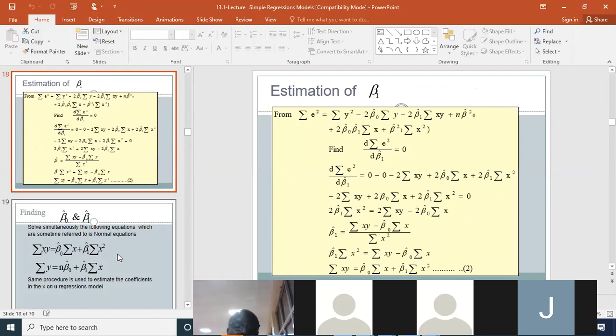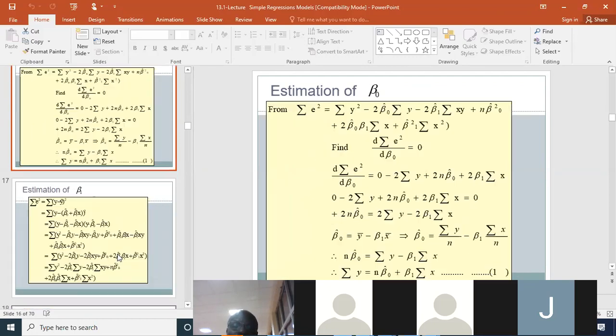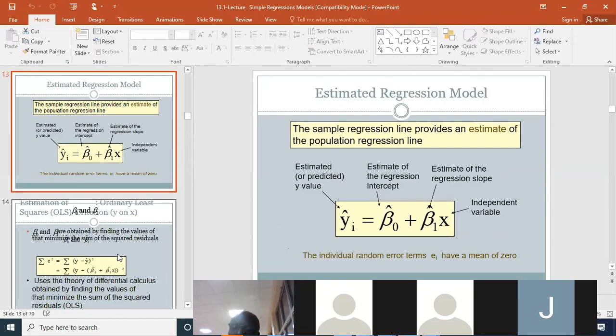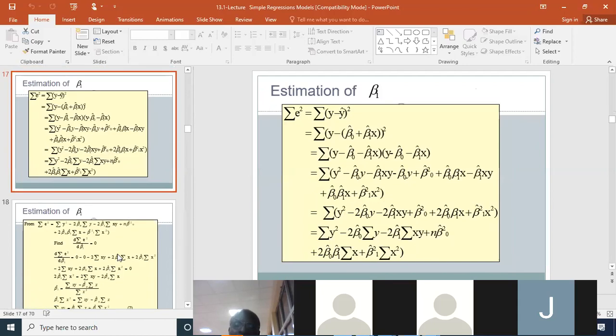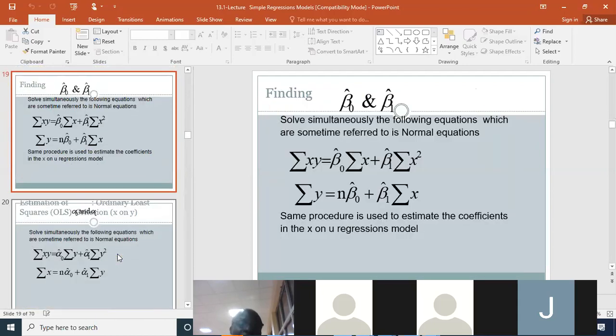So the two equations I need to solve for beta naught and beta 1 that minimize the error term, based on this derivation which you don't need to bother about, are these. To find beta naught cap and beta 1 cap for a given data set, you solve two simultaneous equations.